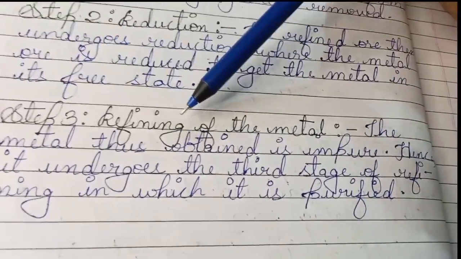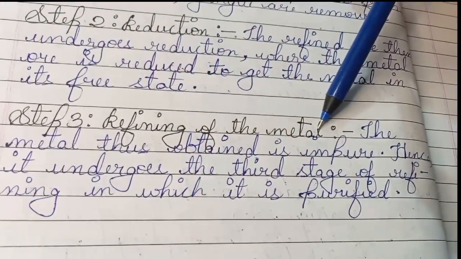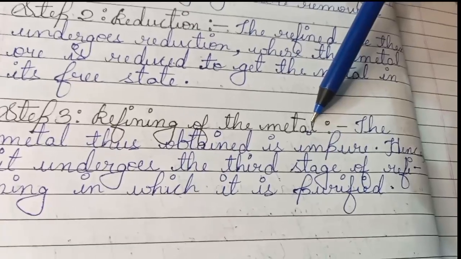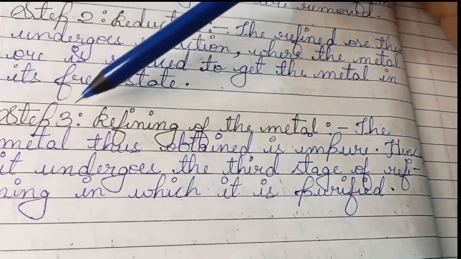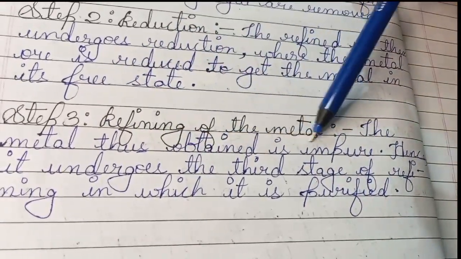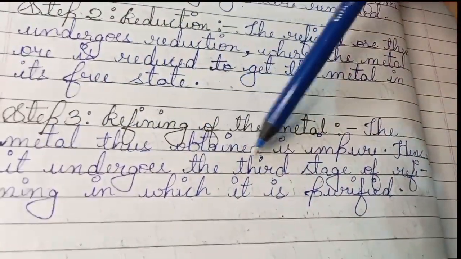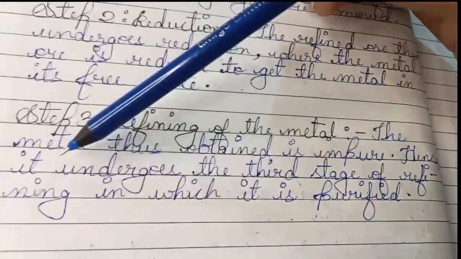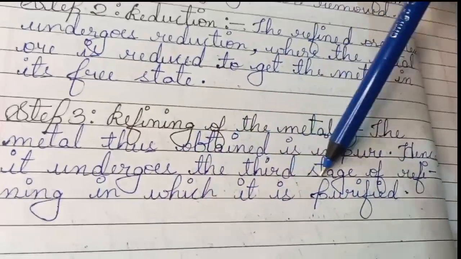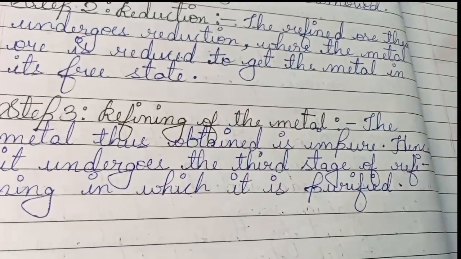Step number 3, refining of metal. The metal thus obtained is impure. Hence, it undergoes the third stage of refining, in which it is purified.